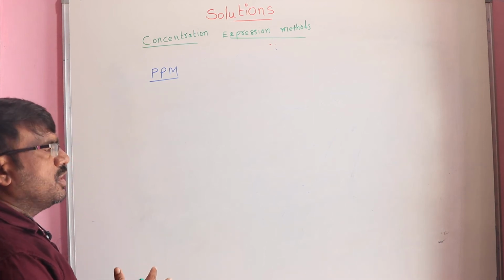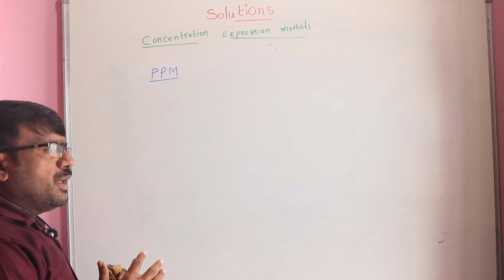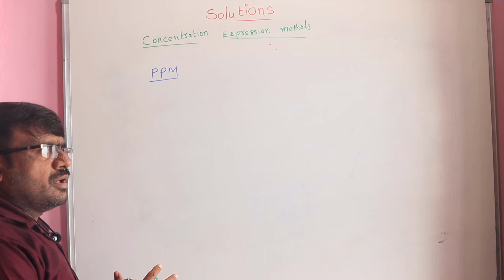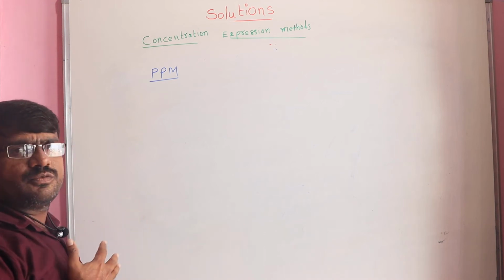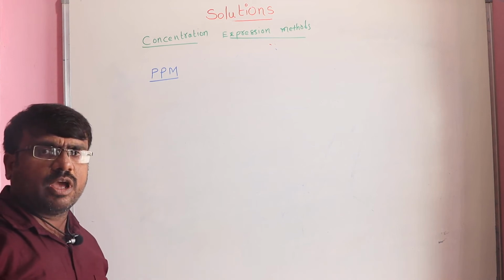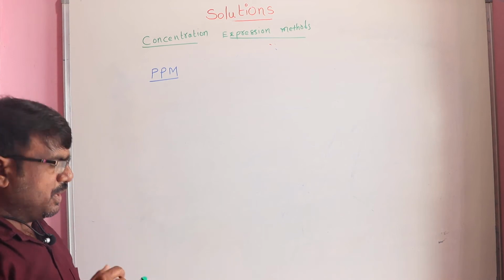What is the definition of ppm? The number of parts of component present in 1 million parts of solution is known as ppm.